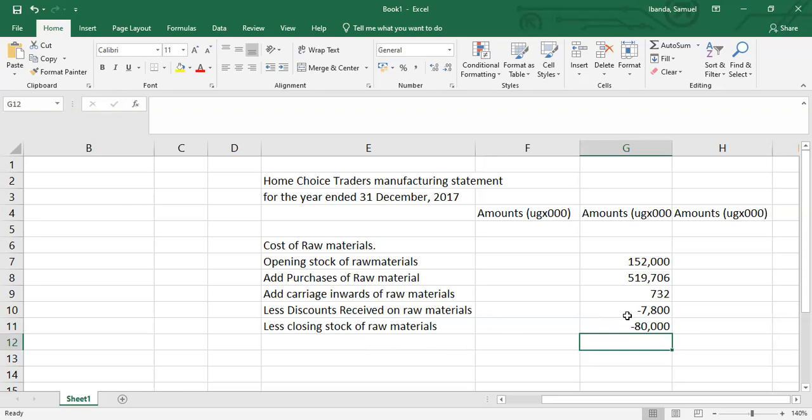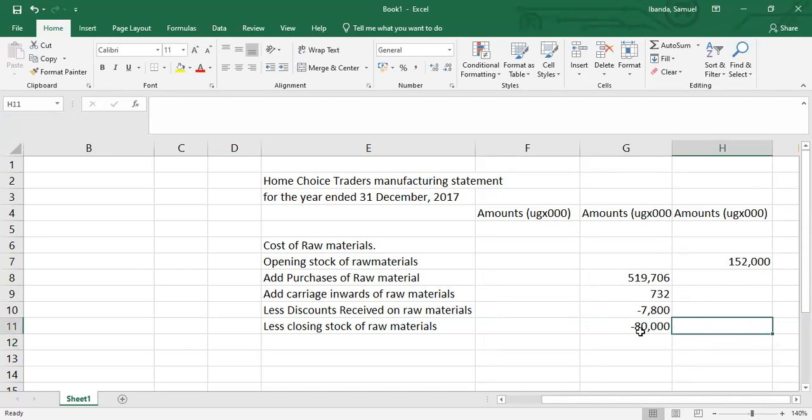So at the end of the day, I'm able to now add all these together, okay? To determine what will be my cost of raw materials, okay? Sometimes you can separate this and put it in this column, and then whatever you get here, you're able to add it here, because this is your opening stock, then add purchases and so on.